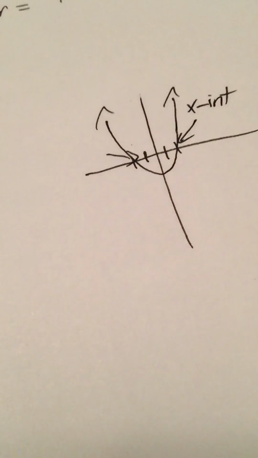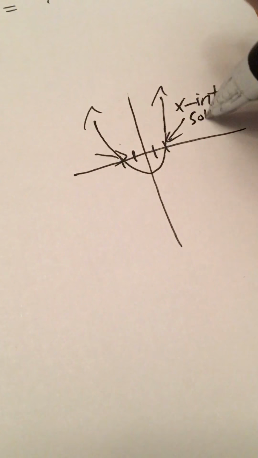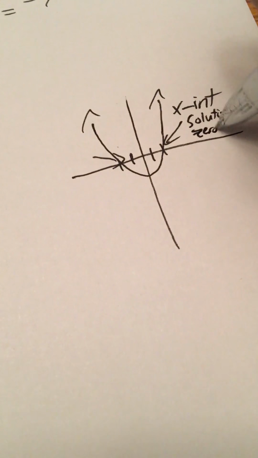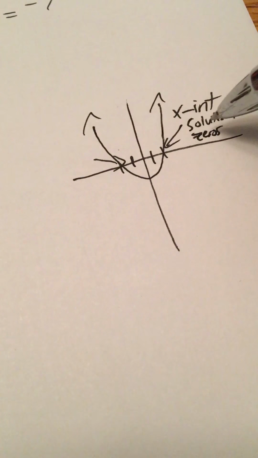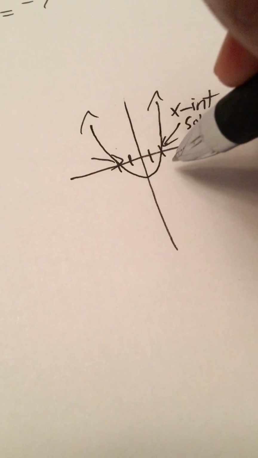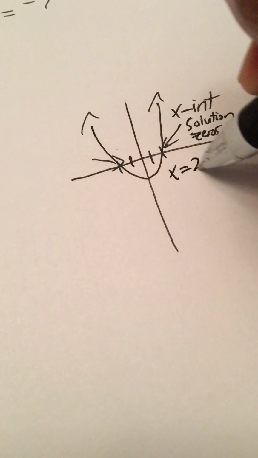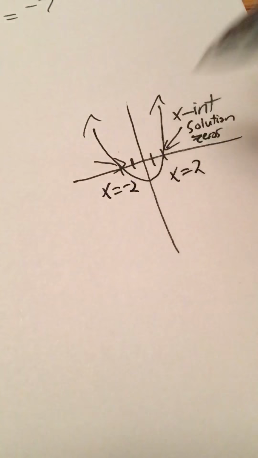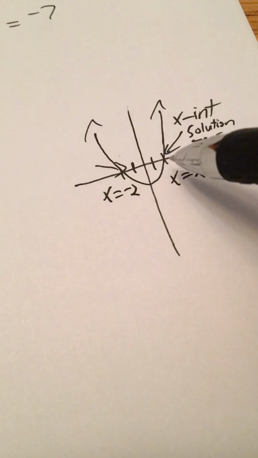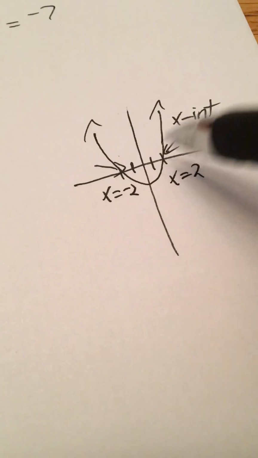You've heard me say that in class. Another word for those are solutions. You could also say the zeros. There's all different words that all mean the same thing. And so in this case, where it crosses the x-axis here is at x equals 2 and x equals -2. So these are the two solutions. Quadratics always have two solutions. So where it crosses the x-axis, those are your solutions.